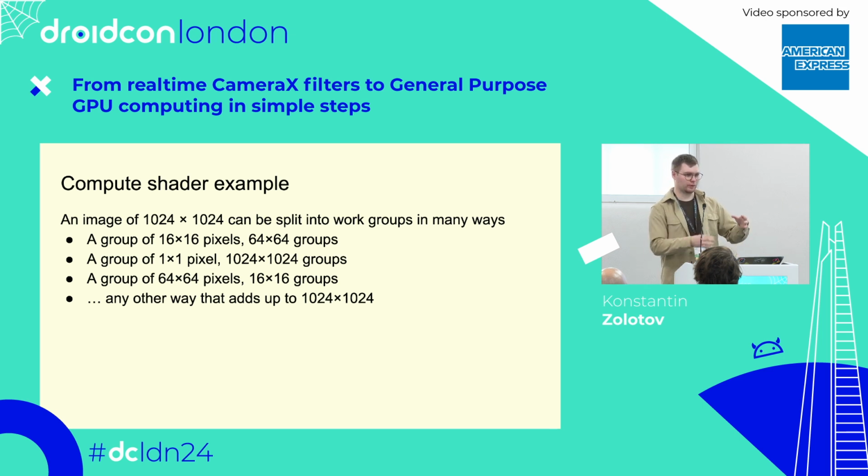It can be a group of 16 by 16 tiles defined in the local space and 64 by 64 groups, or you can just do a very small group of 1 pixel and launch it as many times as you have pixels. Basically, in any way that adds up to 1024 by 1024.